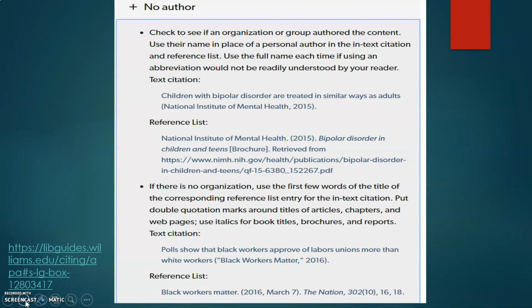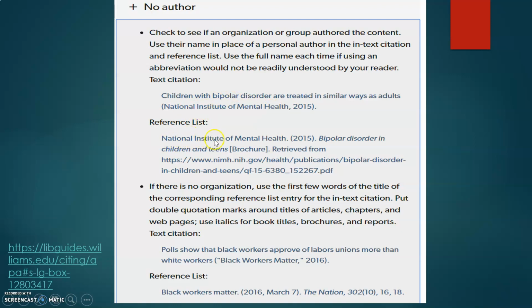Here are some of the points you need to know while you're making your in-text citations. Let's start with some what-if situations. What if there is no author? If it is an organization, instead of the author, you will cite the organization's title. You will write the title in full.